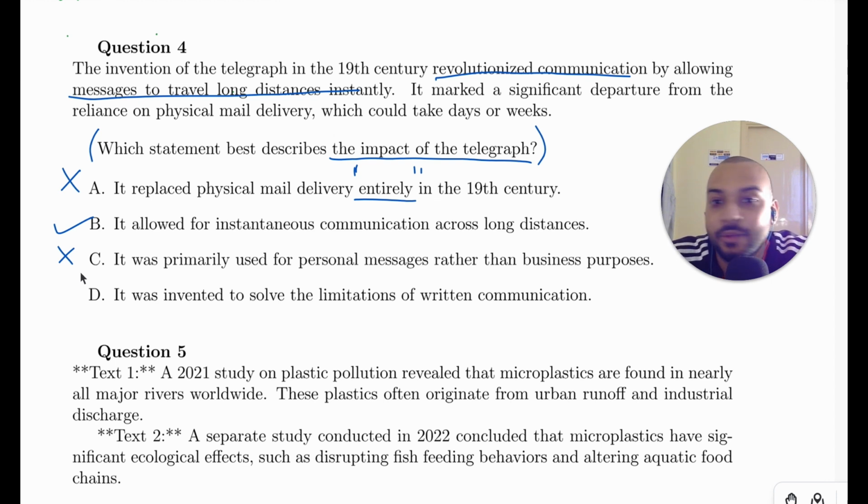Again, no. It was not invented to solve the limitations of written communication, but the limitations of physical mail delivery, long distance messaging. So this is also wrong. From the process of elimination, option B is the correct one, the most accurate one: it allowed for instantaneous communication across long distances.